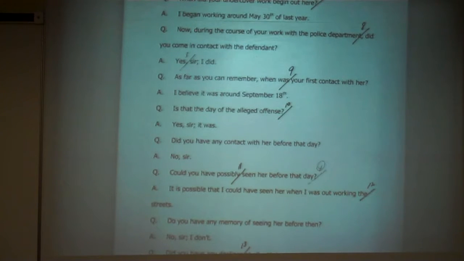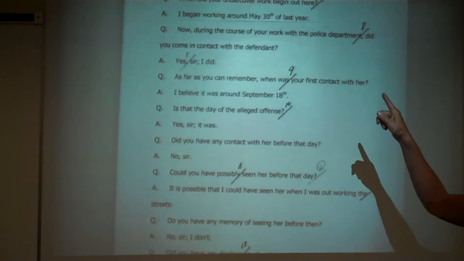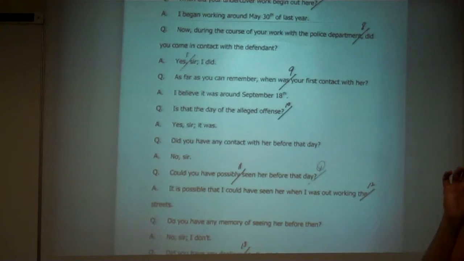All right, here's the next page. The dates, you don't write them out. You would not write out 30th. You always use the numeral. The second question, now, comma. You would have something like also, comma. Again, comma. During the course of your work with the police department, comma.